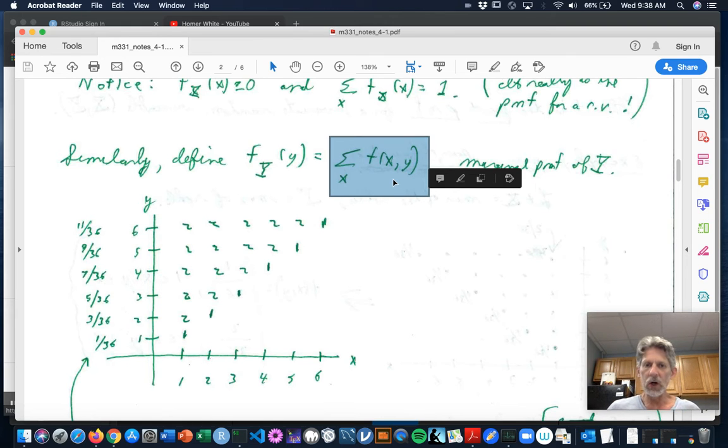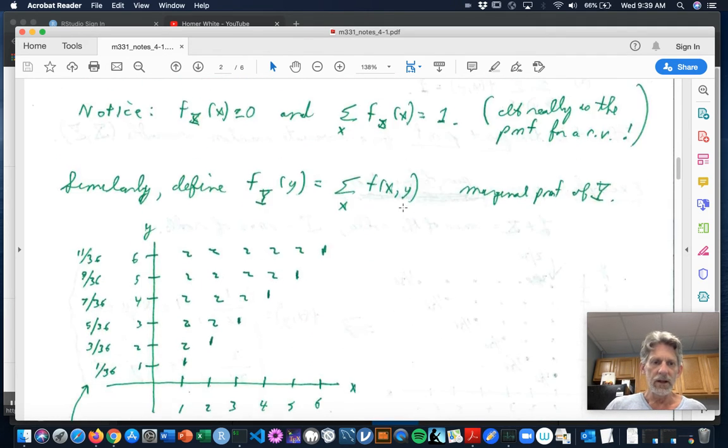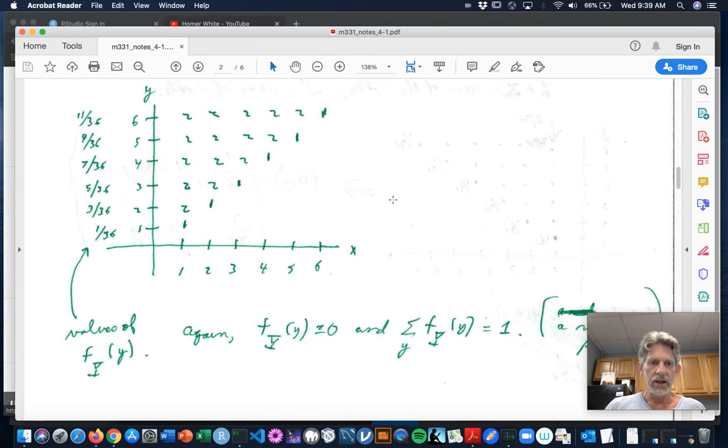And similarly, if you define f sub Y of little y to be the sum of the chances for all the different ways to get little y in an ordered pair, so you'd have to add up all of the x's where (x, y) is in the sample space, then it would look like this.